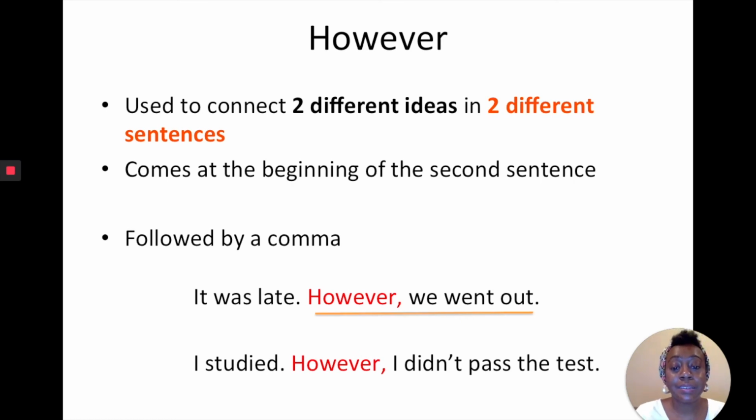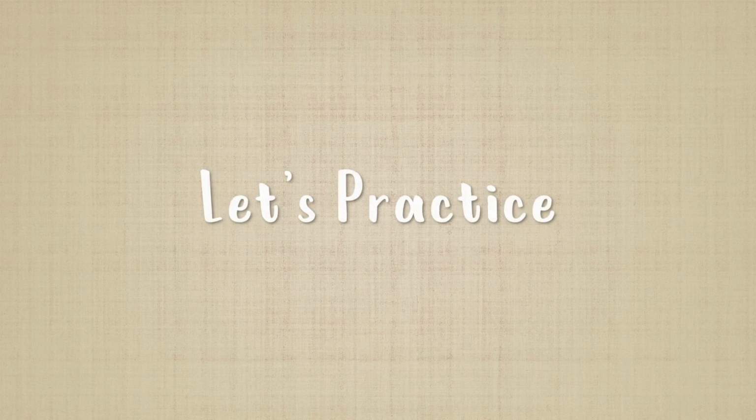I studied, however, I didn't pass the test. So these 2 sentences are similar to the previous 2 sentences, however, they're written differently. We have the unexpected outcome here, okay? We have however, followed by a comma, and then the rest. Same thing, your scenario here, we have however, followed by a comma, and then the rest of the sentence.